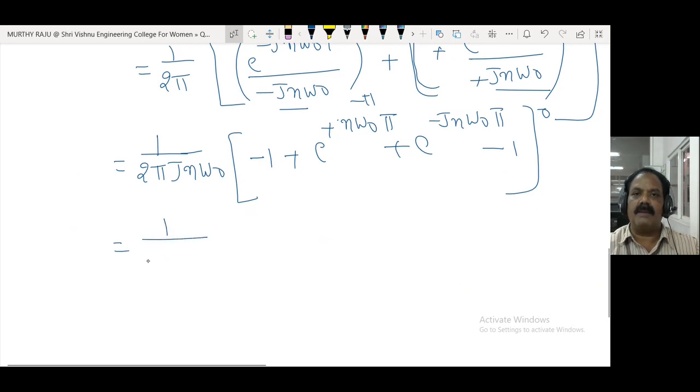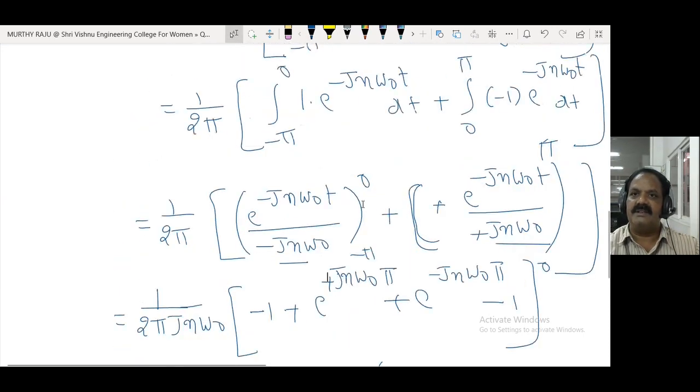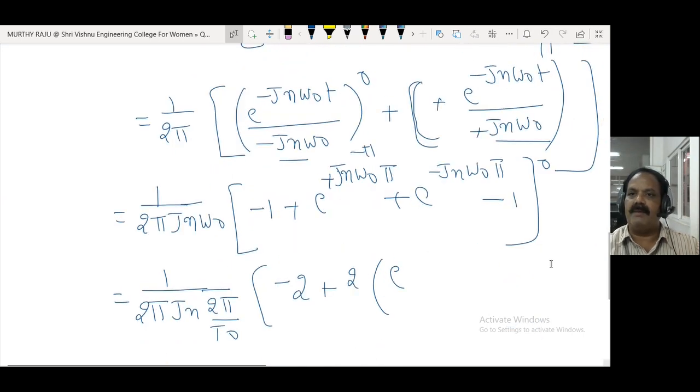That is equal to 1 by 2 pi j n omega naught, where omega naught is 2 pi by T0. Minus 1 minus 1 is minus 2, so 2 is multiplied with the bracket: e power j n omega naught pi plus e power minus j n omega naught pi, divided by 2.